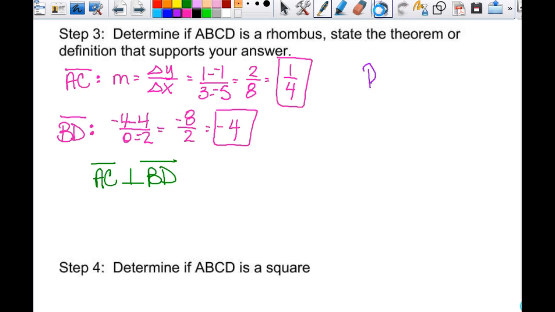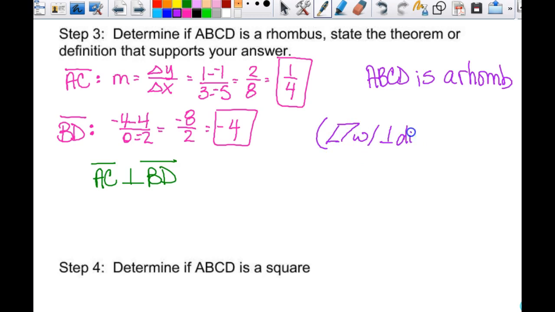So I can say ABCD is a rhombus, and my reason is, if you have a parallelogram with perpendicular diagonals, then it is a rhombus. Okay. Everybody okay with that? Good? Any questions?